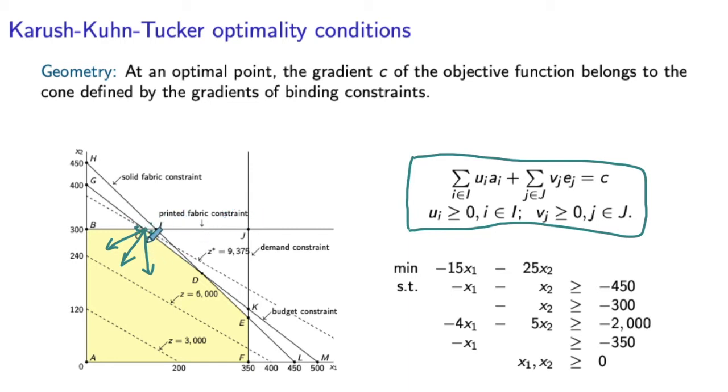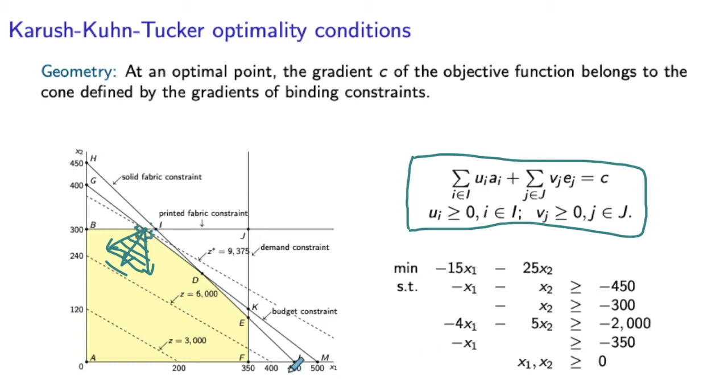So we can clearly see that if we look at the cone generated by the gradients of the binding constraints, then it's going to look like this, and clearly the vector c, the gradient for our objective, belongs to this cone. So the optimality condition is satisfied at this point, and this is how we can tell that this point is optimal for our problem.